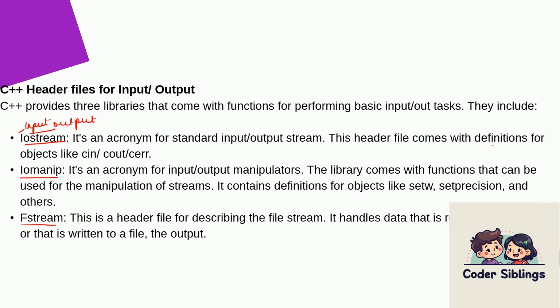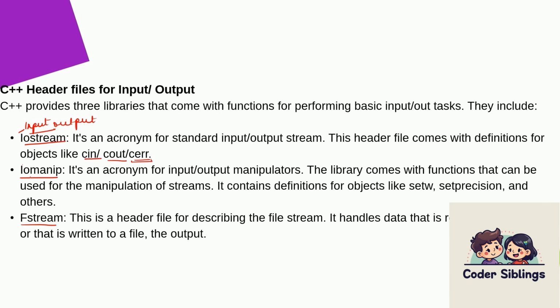So input output stream, or iostream, has definitions for objects like cin, cout, cerr, right? All of these commands we will cover in the next slide. So it contains definitions of certain objects like these. iomanip stands for input output manipulators, where I is for input, O for output, and manip is short for manipulators.